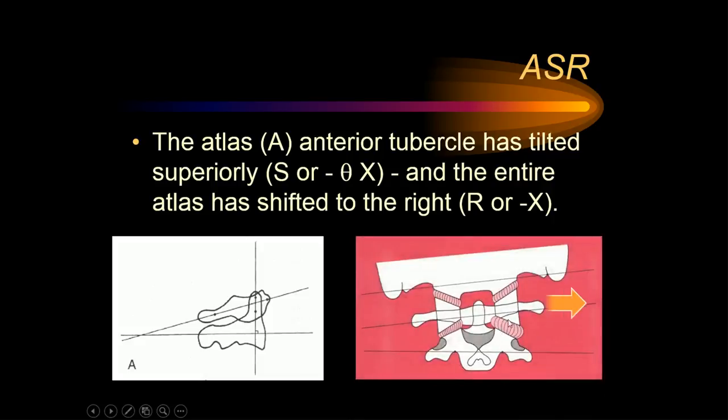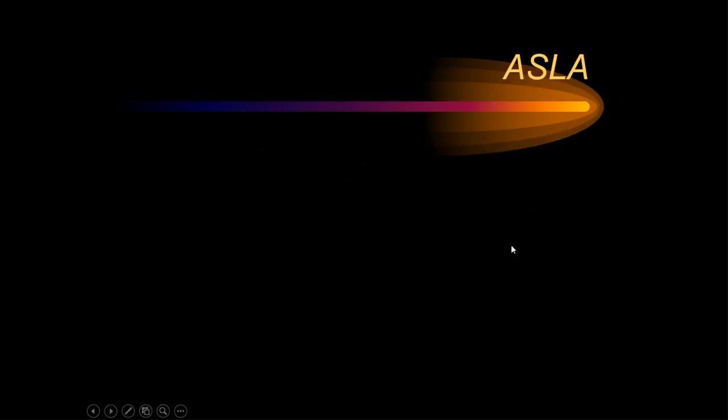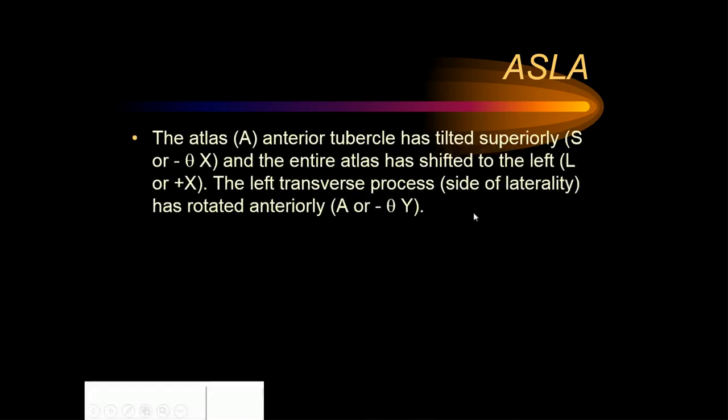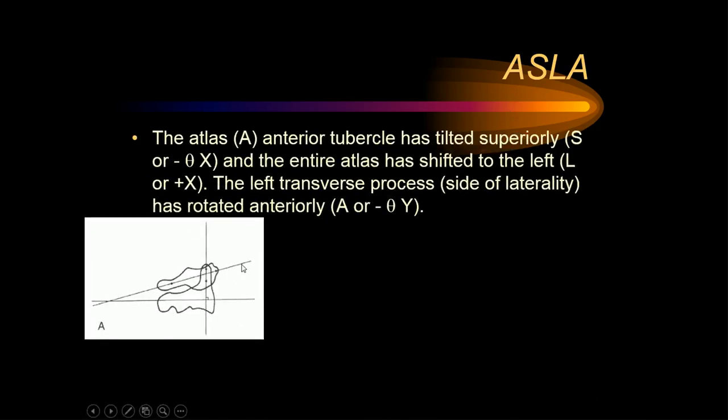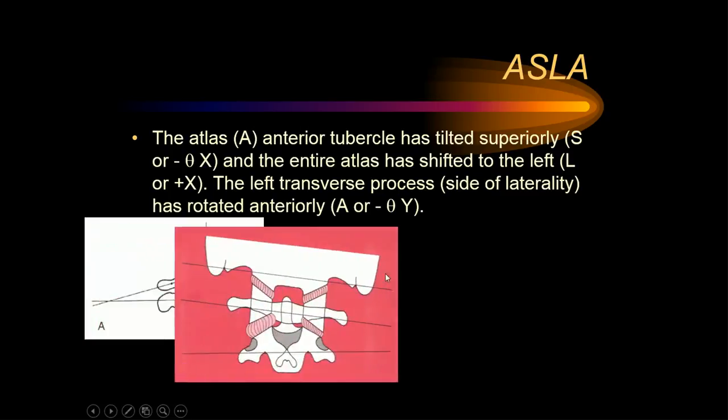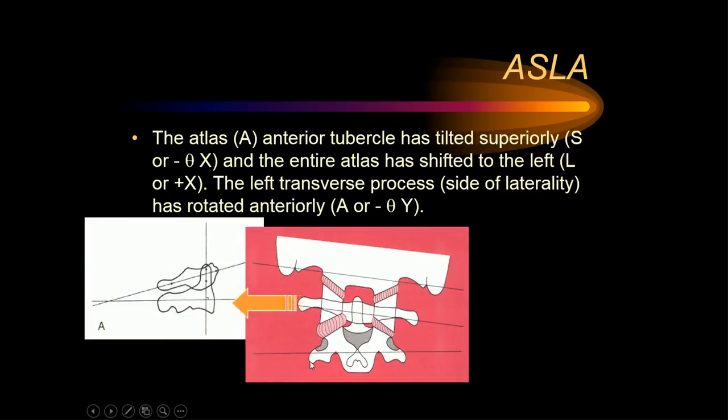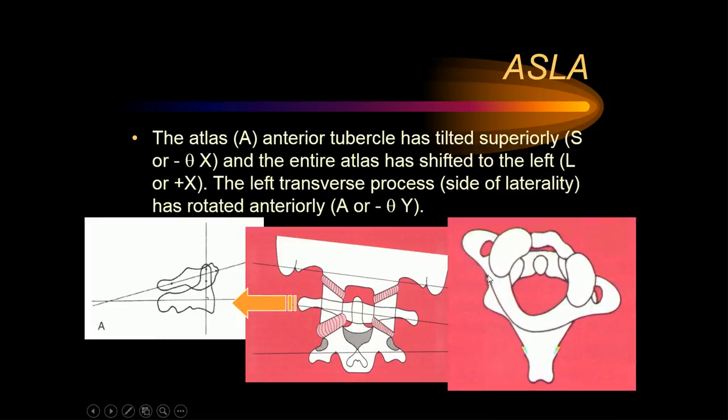There's your atlas to the right. And because of the irritation in the joint, we're going to wind up with an open wedge on that side. ASLA. That's right, A means atlas for us. S means the anterior tubercle is superior. We have those diverging lines. Left translation, and that left side of the atlas is anterior.